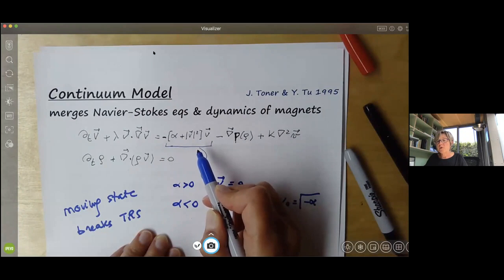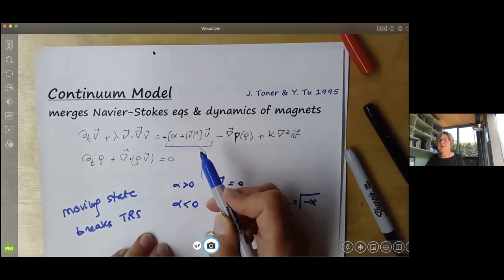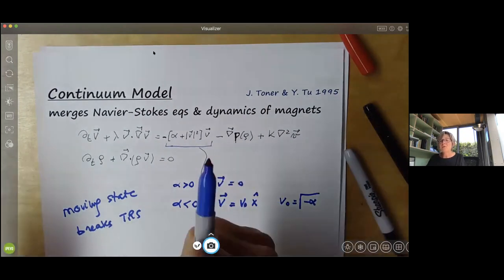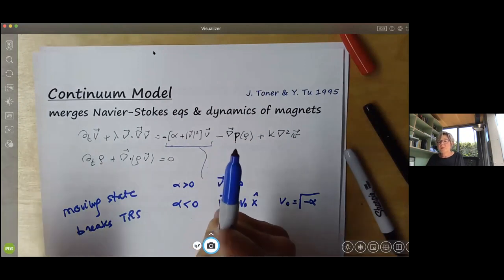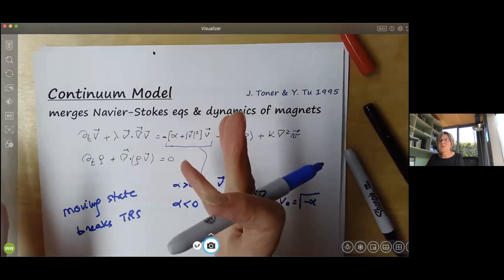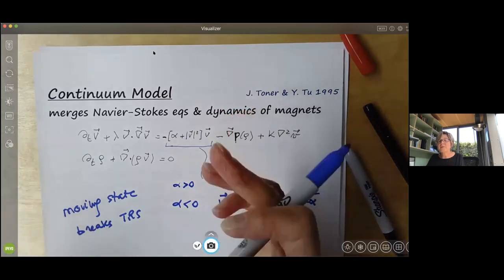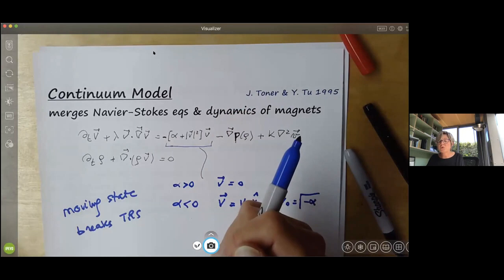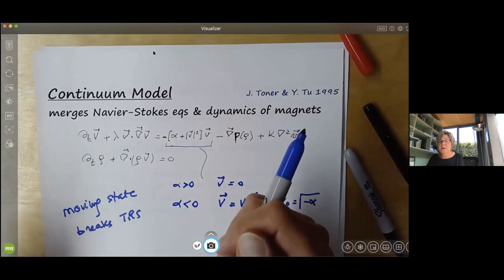And now in the ordered state, it's kind of like a magnet. The length of the magnetization decays at a finite rate. If you want to change the size of the magnetization, it costs energy.